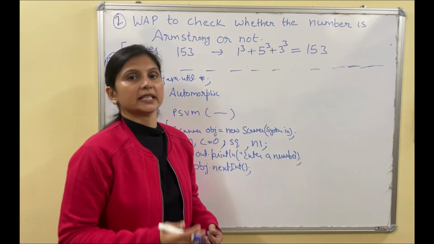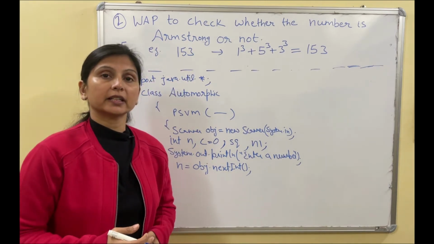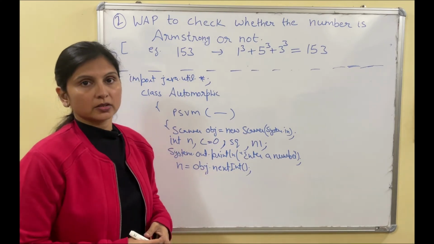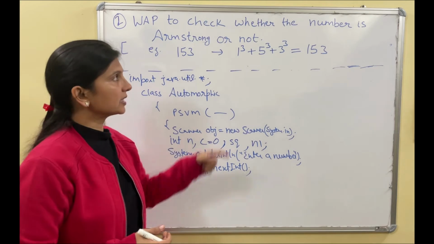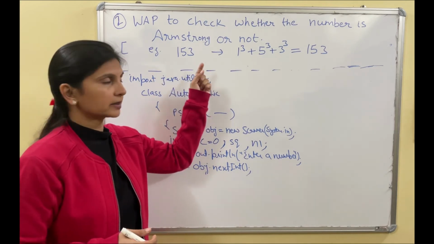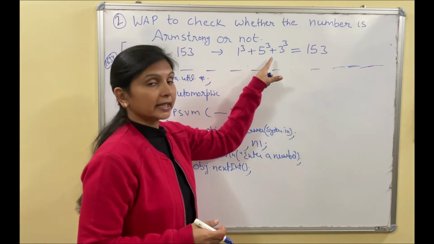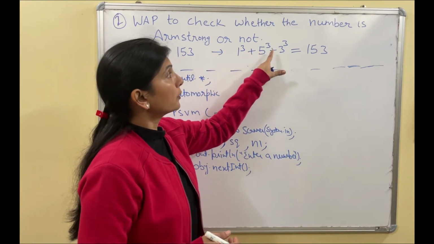Now we will see the next program, and that is: write a program to check whether the number is an Armstrong number or not. So the example will be given like 153, usually a 3-digit number. Then we will calculate the sum of cube of digits.